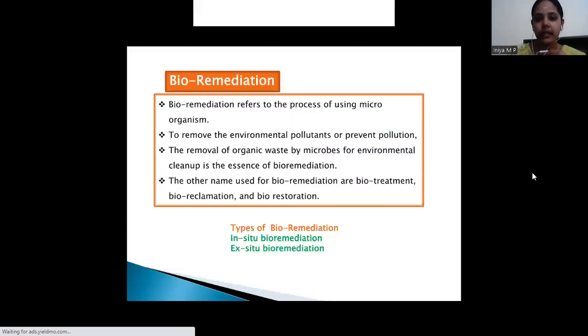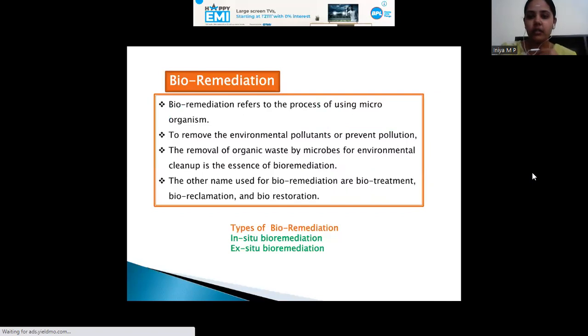Next, bioremediation. Bioremediation refers to the process of using microorganisms to remove environmental pollutants or prevent the pollutants. The removal of organic waste by microbes for environmental cleanup is the essence of bioremediation. The other names used for bioremediation are biotreatment, biorecalculation and bioresorption process.